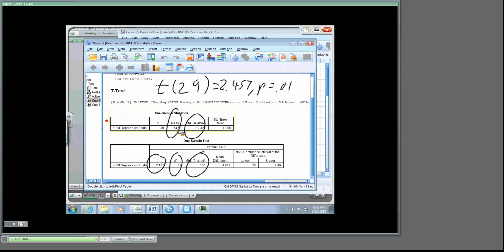Okay. Well, let's go over it again. I think we've got a discrepancy between the scenario and the research question. The scenario says, are they more depressed? The research question says, are they more or less depressed? I just noticed that just now, so we should probably go with the research question.